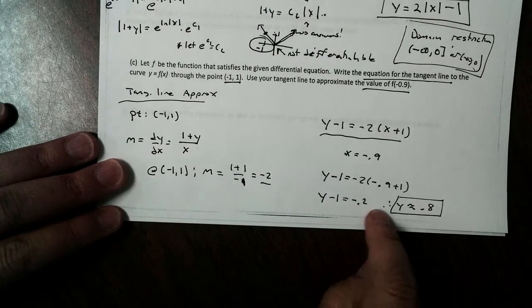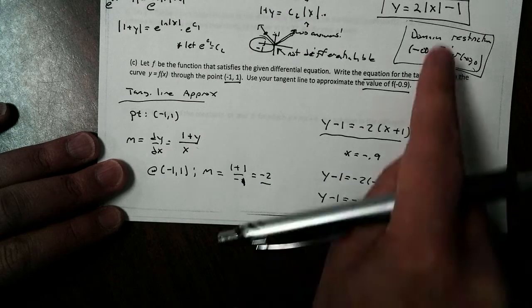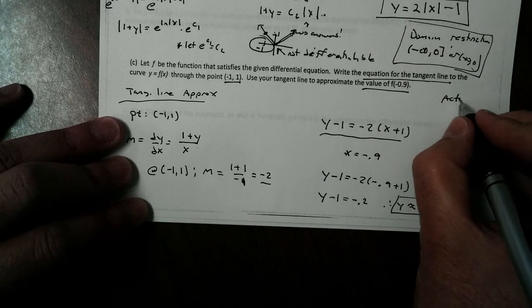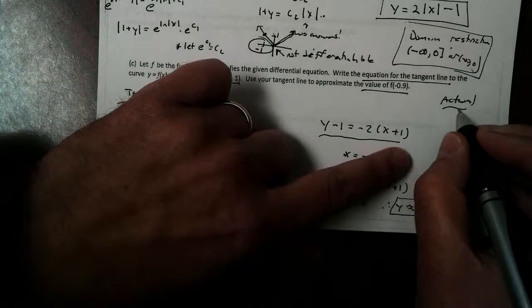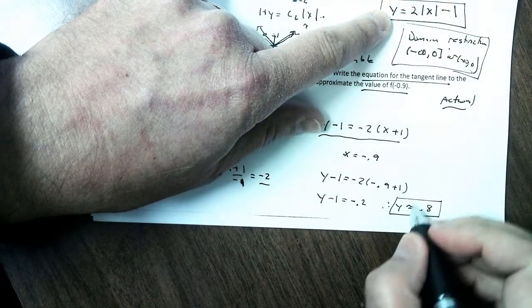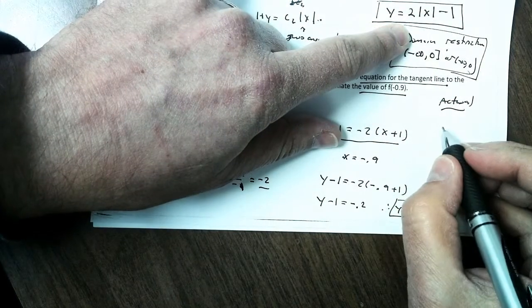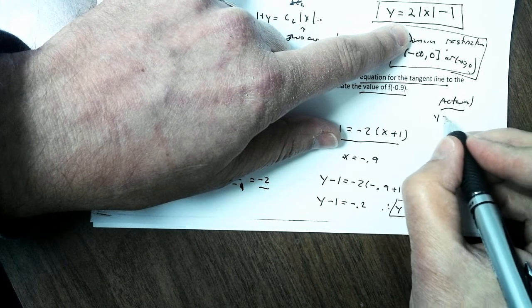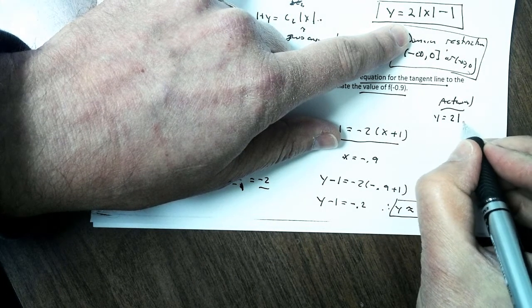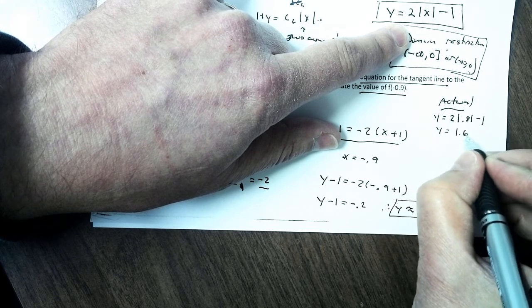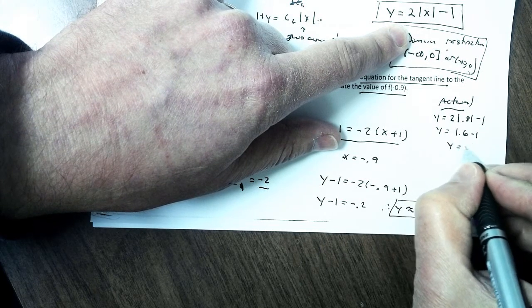Now, what if I wanted to find the actual value? To get the actual value, I would plug it into our equation. And I think in this case, we might actually get the same answer. Let's see what we get here. We get y equals 2 times the absolute value of 0.8, minus 1. That becomes 1.6 minus 1, so y is negative 0.4.